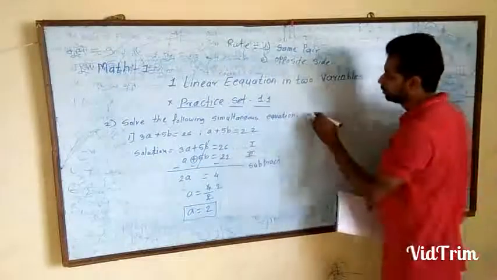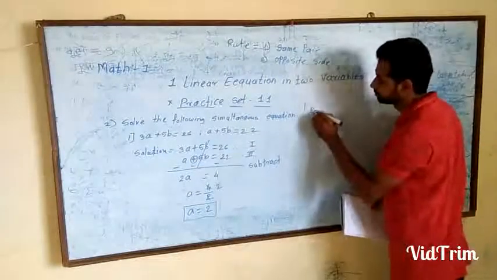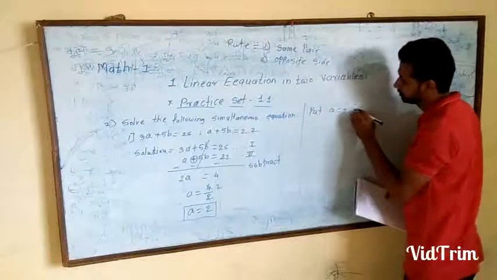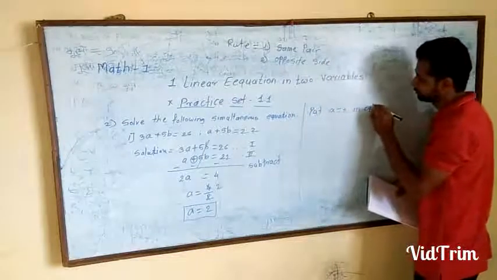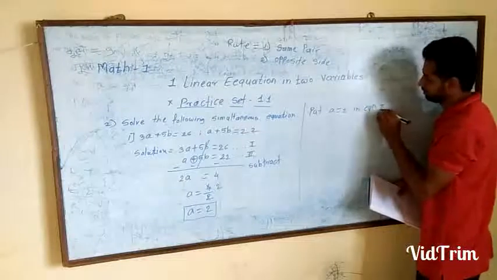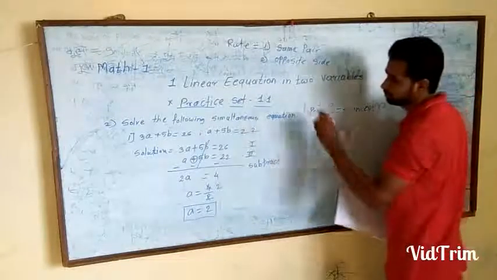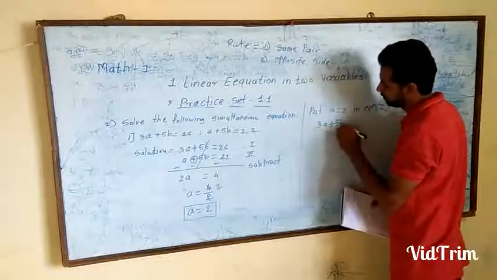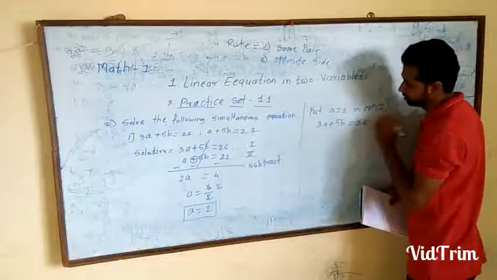Put a is equal to 2 in equation first. What is equation first? 3a plus 5b is equal to 26.